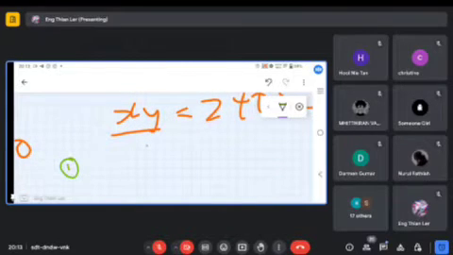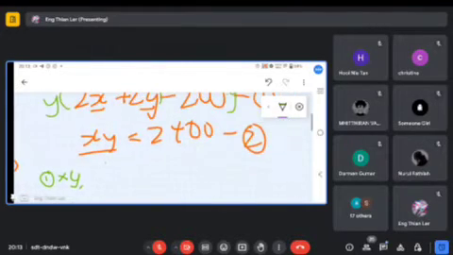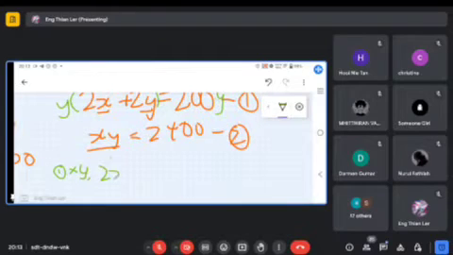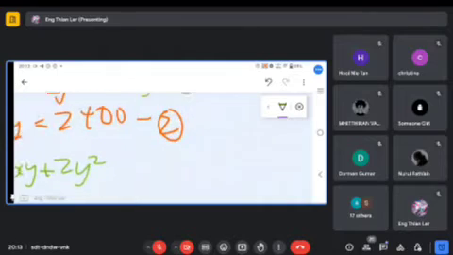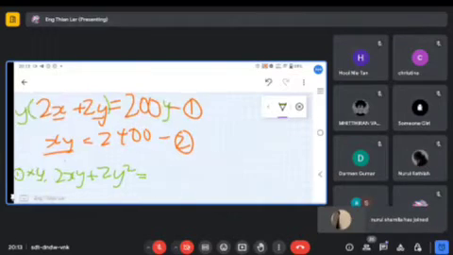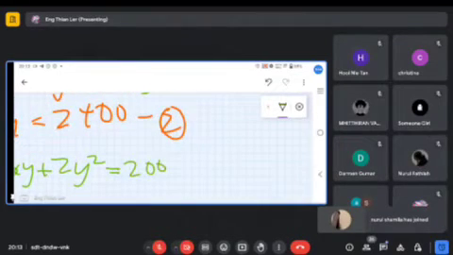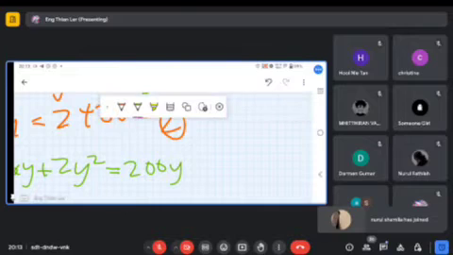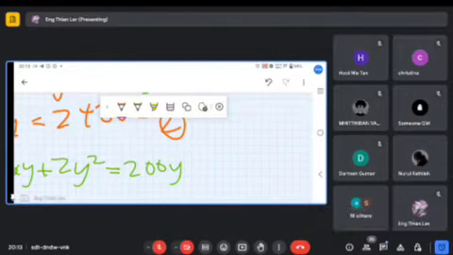So 1 times y, we get that 2xy plus 2y squared equal to 200y. We are using the elimination method, so the whole process will be a lot more complicated.